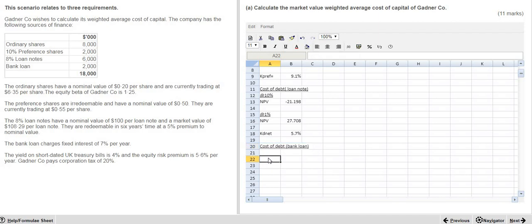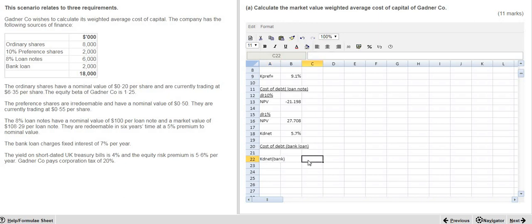It's going to be KD net, another KD net, which is the bank loan. So let me just say KD net bank, put a bracket bank, so that you don't mix the two up.